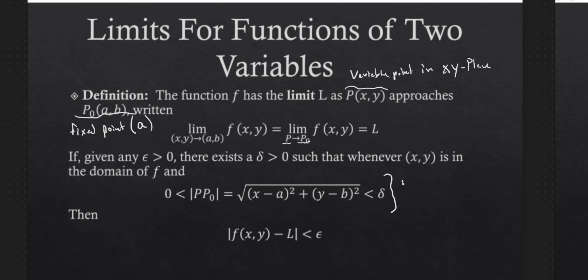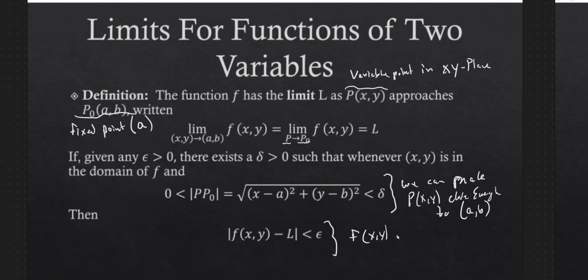So again, we can make P, our variable point, close enough to our fixed point (a, b), to ensure that f(x, y) is as close as we want, or as close as we need, to L.